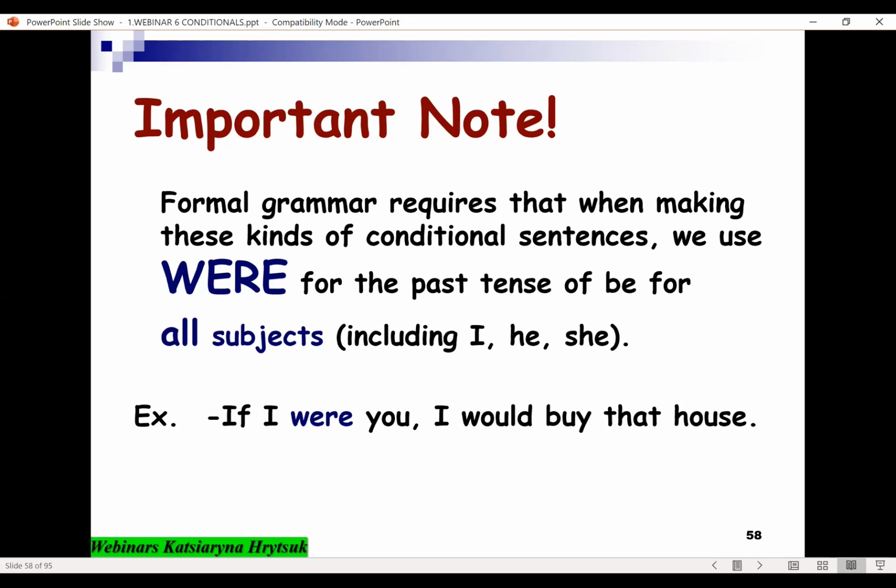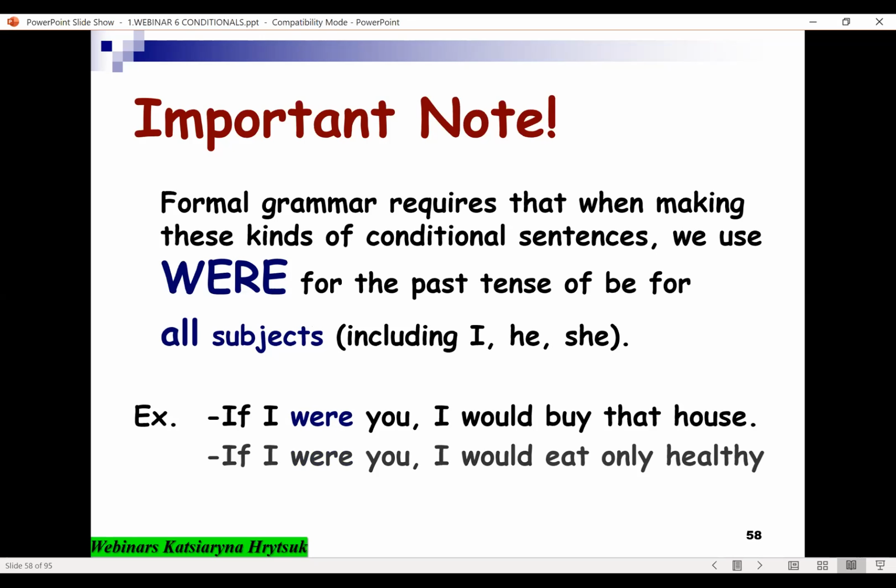Second conditional: in the if clause with the verb to be, we use the plural form with all subjects. Okay, with all subjects. Natalie, can you read examples?